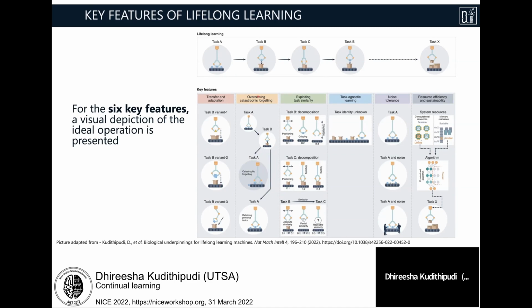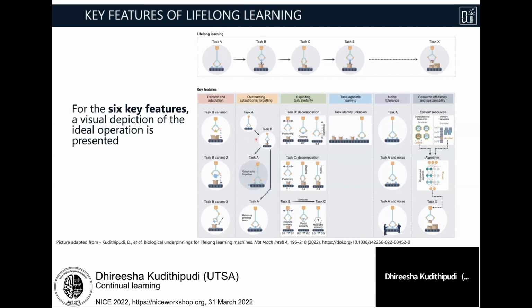The second feature is overcoming catastrophic forgetting. The current AI systems, in this gray block in here, suffer from catastrophic forgetting, as I mentioned earlier. It's the inability to learn new tasks without degradation of performance on one's previously learned.